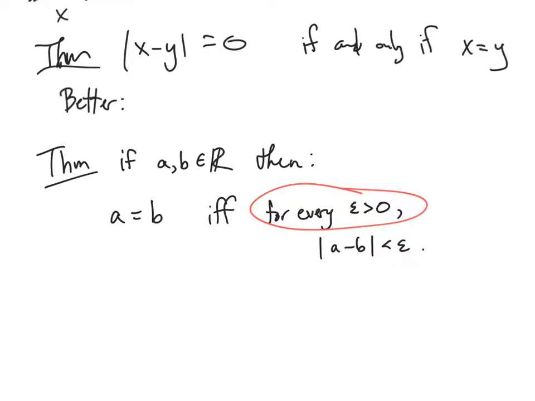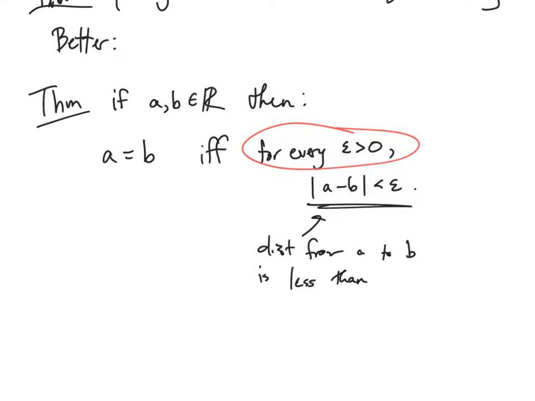Really what I'm saying here, if I interpret this in words, is that the distance from A to B is less than epsilon, but the thing that I circled in red says for every epsilon greater than 0. So really what I'm saying is the distance from A to B is less than every positive number.